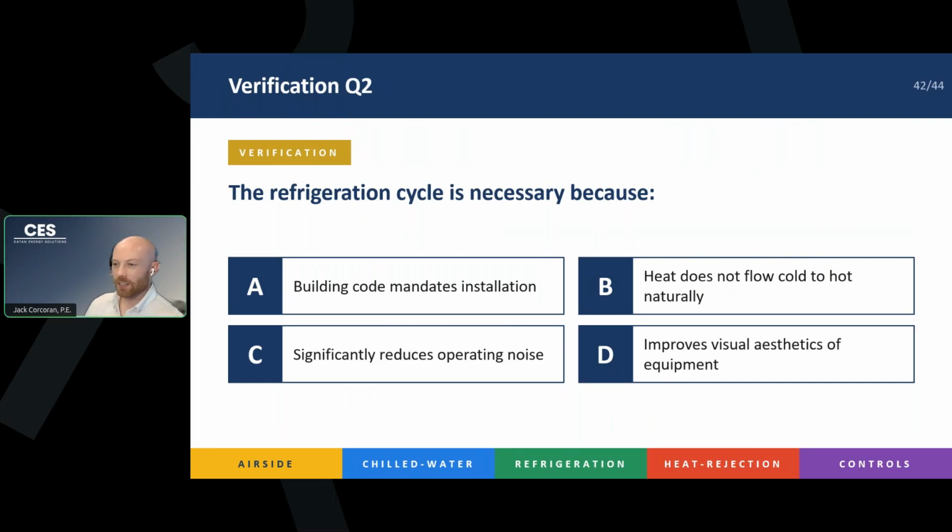So I'll give you guys a second to think about it. And the answer is B. Heat does not flow naturally cold to hot. So we need to add in work, right? That's what our refrigeration cycle is there for. We input work to move up the gradient, right? We want to push the heat up the gradient from cold to hot.